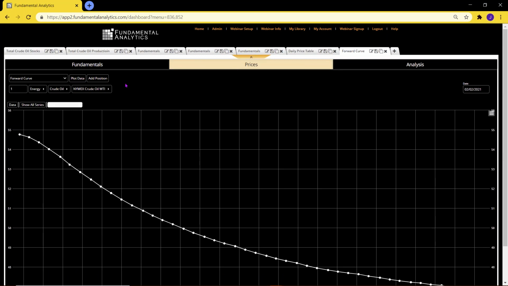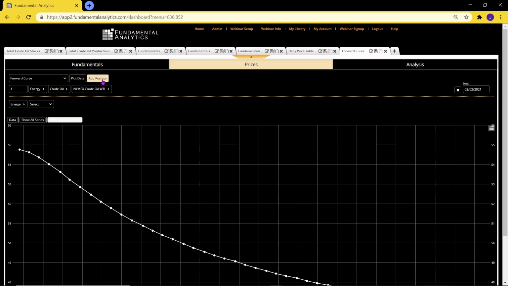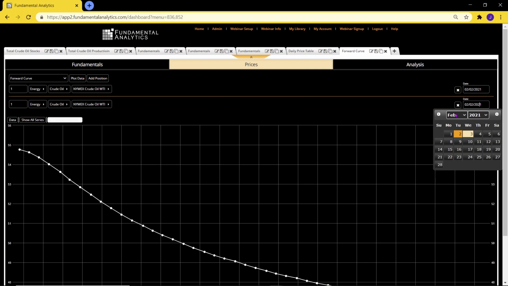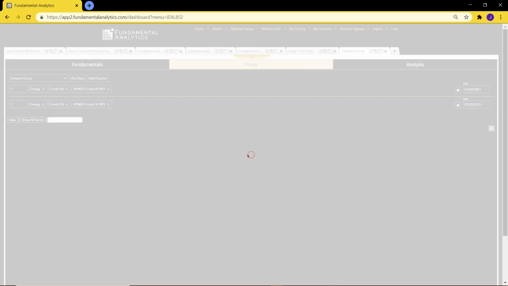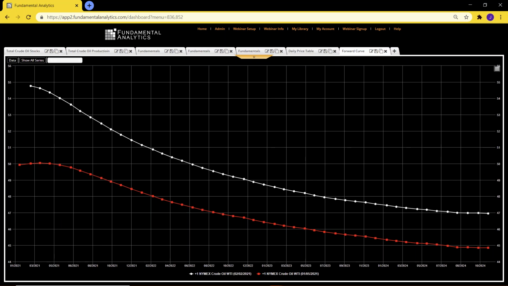One of the things our platform offers us, I'll click Add Position. I'll again bring up the crude oil. And the default was yesterday's settle. I will say, well, where was it a month ago? Beginning of January. Say 5th. Plot that data, and we see the curve there.